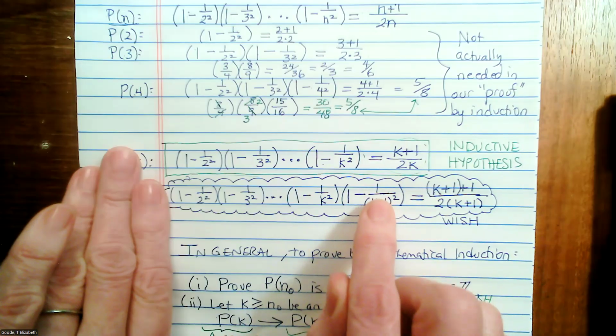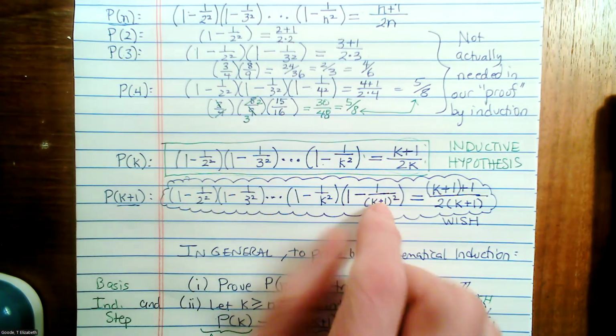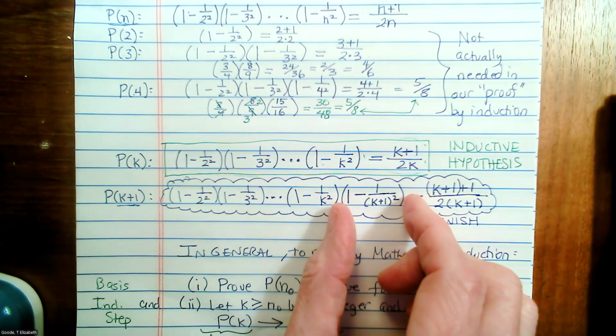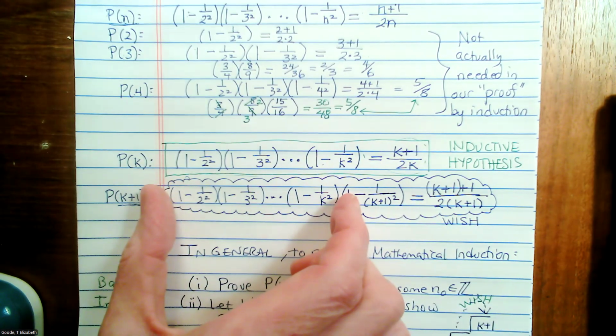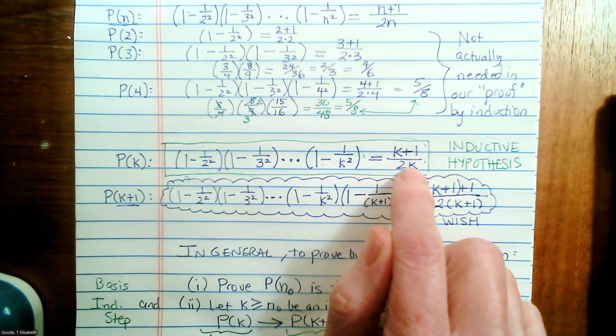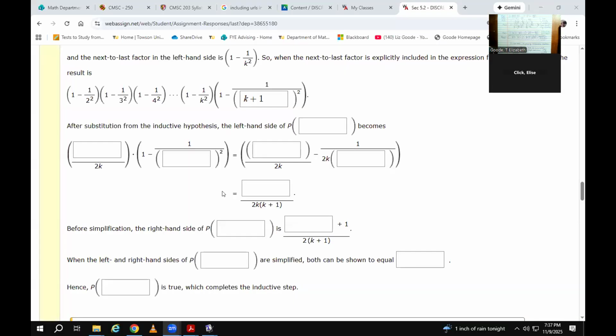And then we'll just deal with the algebra, because it's still getting multiplied by that. All of these are getting multiplied by 1 minus 1 over the quantity k plus 1 squared. But the product of all of these is really just k plus 1 over 2k by our inductive hypothesis. I think I understand that. That's great.